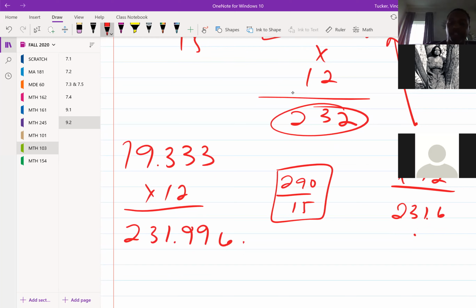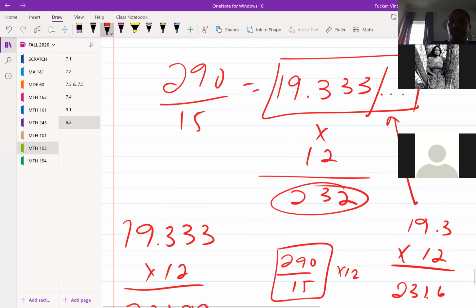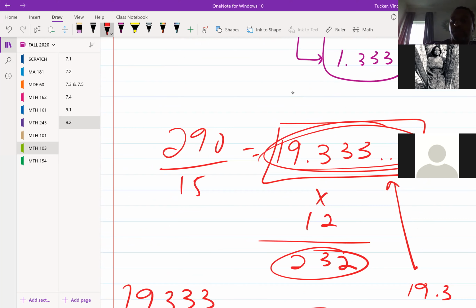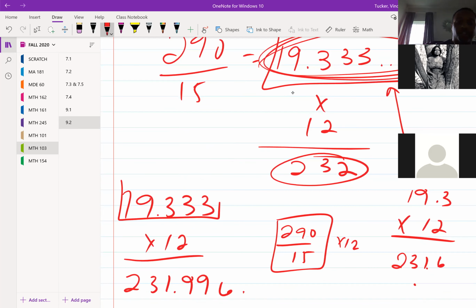You can keep it as a fraction and then multiply it times the 12, or you have to keep the integrity of your infinite decimal. If you keep the integrity of your infinite decimal, multiply it times whatever number you want, you still will get the exact answer. The problem comes in when you decide to cut it off or round it. You're going to get something close, but not the exact answer. All right. So does that make sense? Does that help?